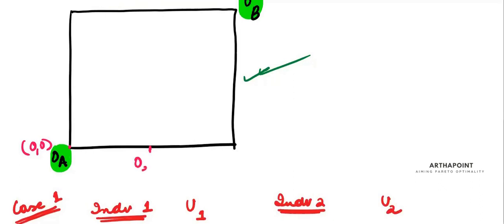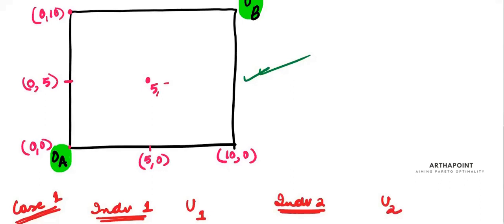So this will be 5, 0. This point would be 10, 0. This point only has good 2 in it. So, because it is half of it, this will be 0, 5. This would be only good 2 in it. So 0, 10. This point somewhere here has both goods in half amount, 5, 5.